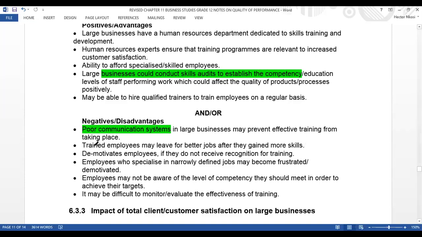Then now, let's look at the negative things about the continuous skills training. The trained employees may leave for a better job after they gained more skills. Very important, guys. That's what happens. Some people get jobs, and when they are comfortable and they've learned a lot of things, they leave.